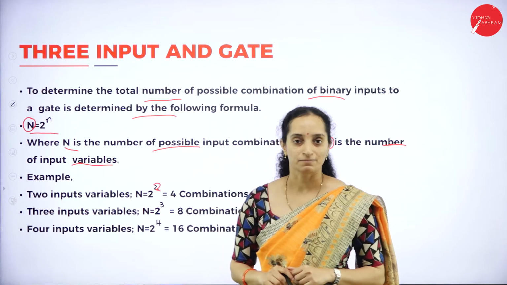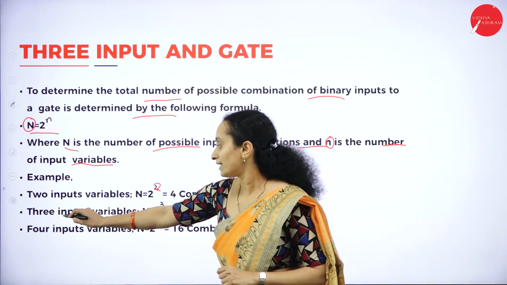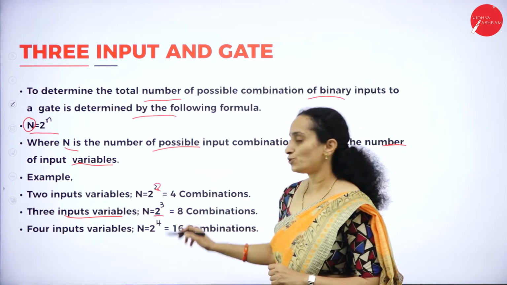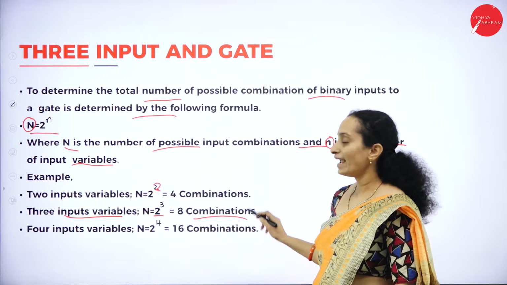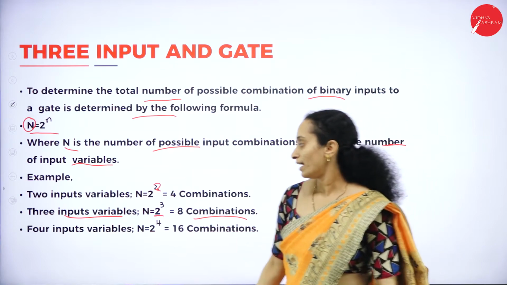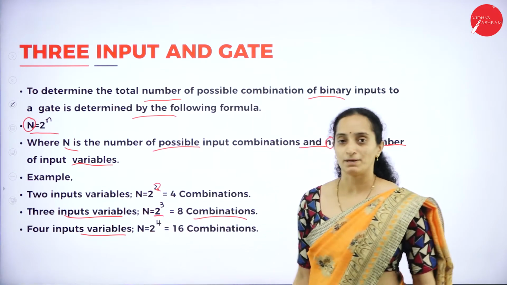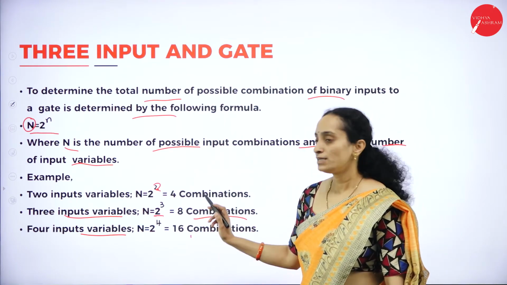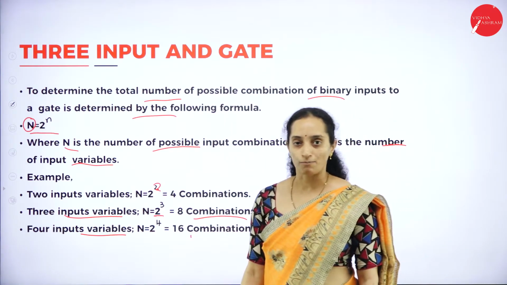When you have 3 input variables, you get 2 to the power of 3, 8 combinations. If you have 4 input variables, you can have 2 to the power of 4, 16 different combinations.